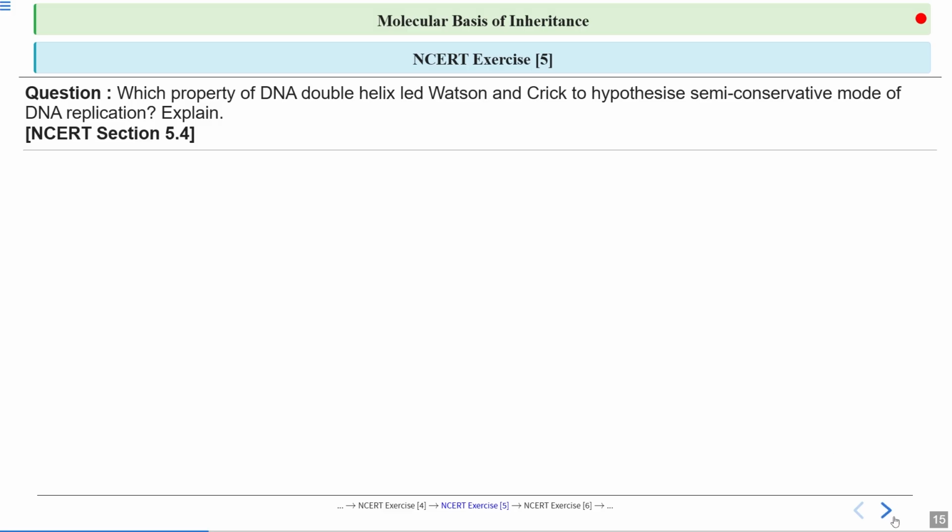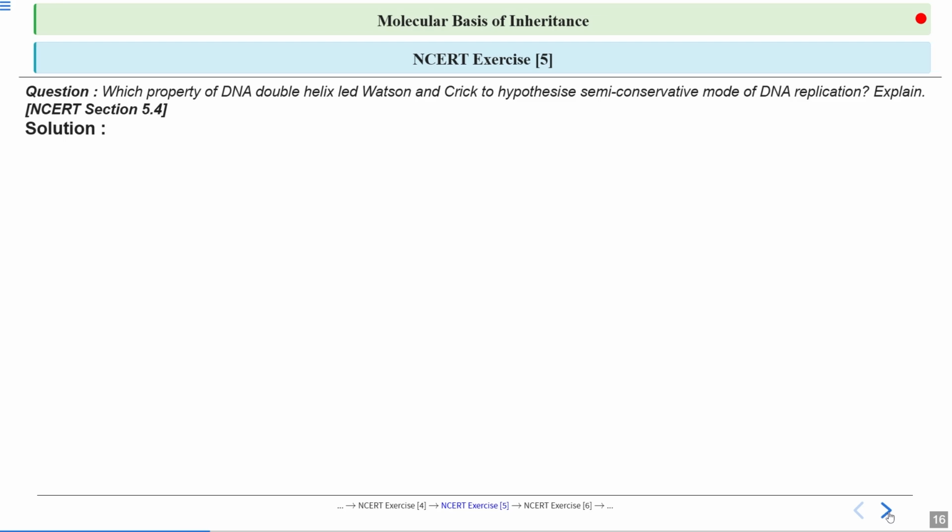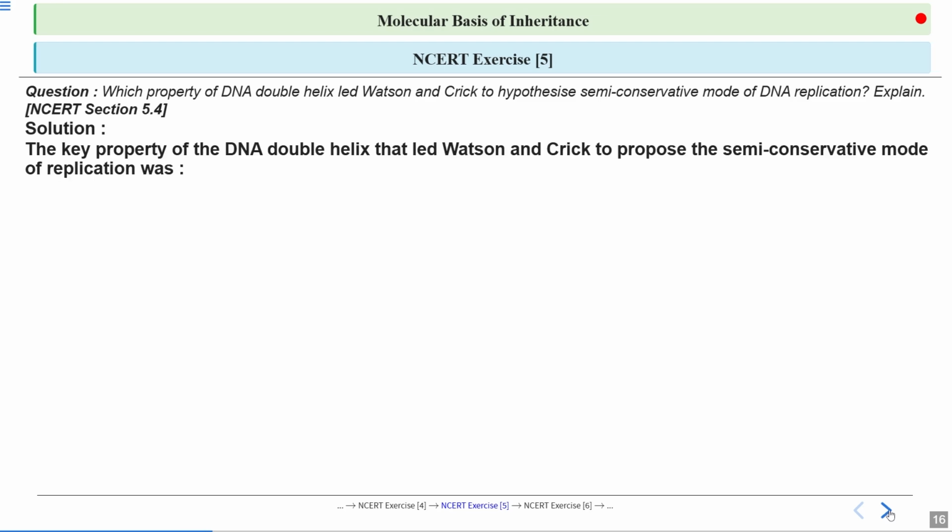So let's see the answer. What are the properties of that DNA helix? The key property of the DNA double helix that led Watson and Crick to propose the semi-conservative mode of replication was, first, complementary base pairing between the two DNA strands.